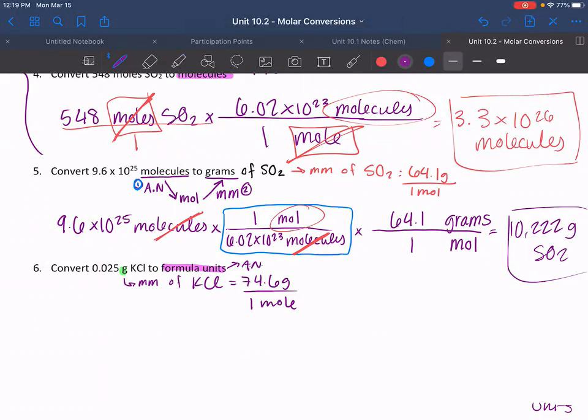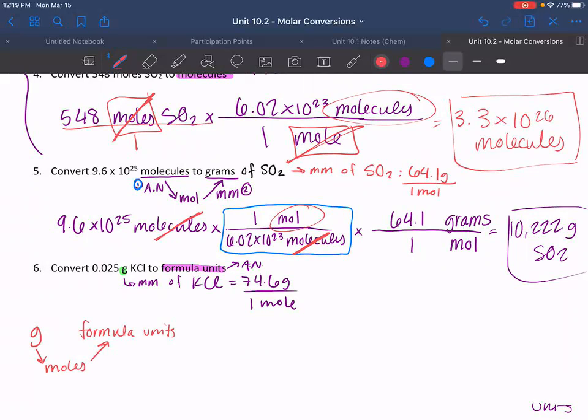We've already recognized we don't have moles, so we are going to have to go to those first. So I'm going to write over here kind of my map. We're starting with grams. We know we want formula units. We always have to go to moles first. This is my map of how I'm going to solve these problems.